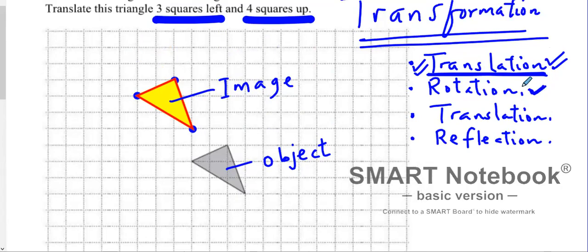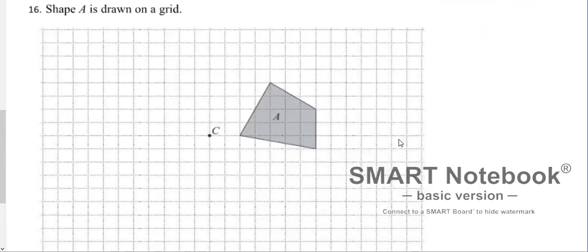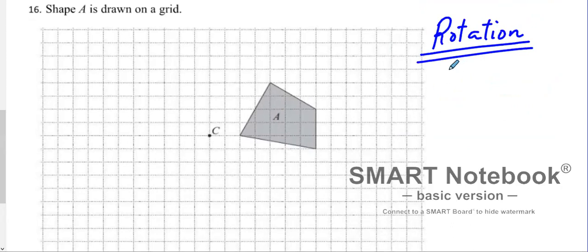Now, in order for rotation of a shape to happen, we need to have a few tools. Number 1, we need to have a tracing paper.